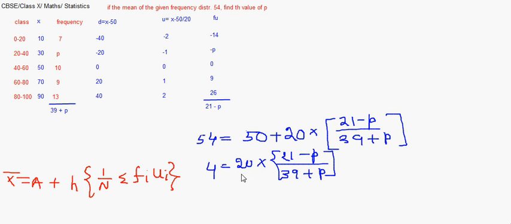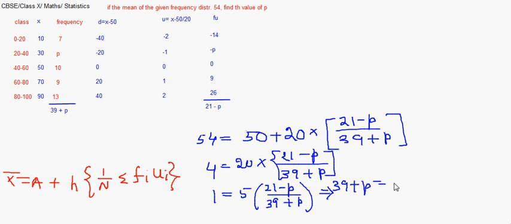Now 20, if I bring it to this side, becomes 1 by 5, or I can cancel this as 1 and 5, with 21 minus p by 39 plus p. I then cross multiply it. I'll get 39 plus p equals 21 into 5 is 105 minus 5p.